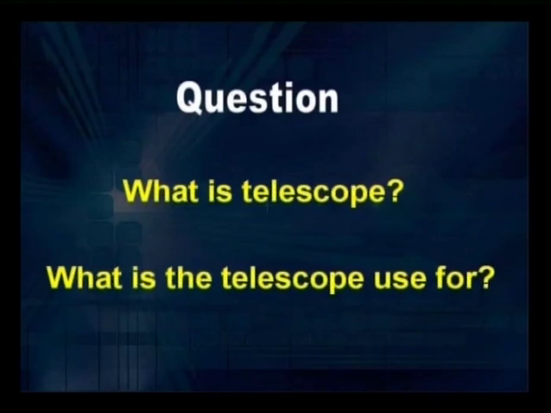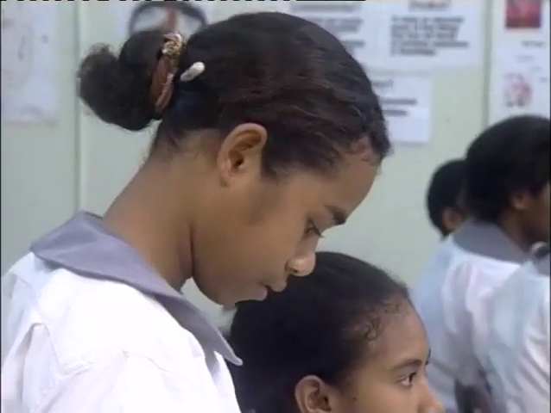Okay, thank you. Daira has a different explanation. Telescope is used for identifying small objects that you cannot see with your eyes.